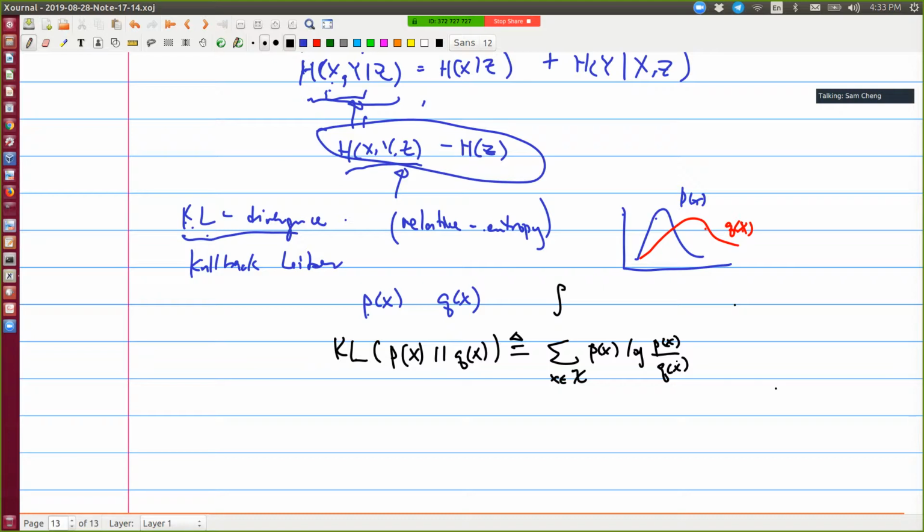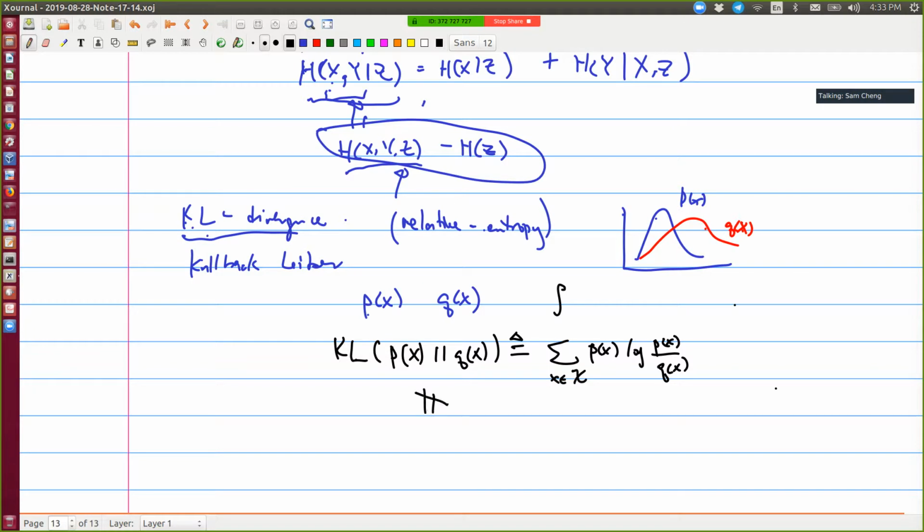One thing you want to pay extra attention to once you see this definition is that the definition by itself is not symmetric. So when I say the KL-divergence between P(x) and Q(x), it is actually different from that between Q(x) and P(x).